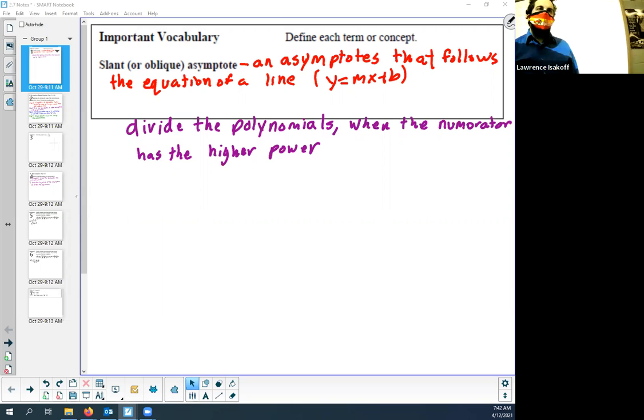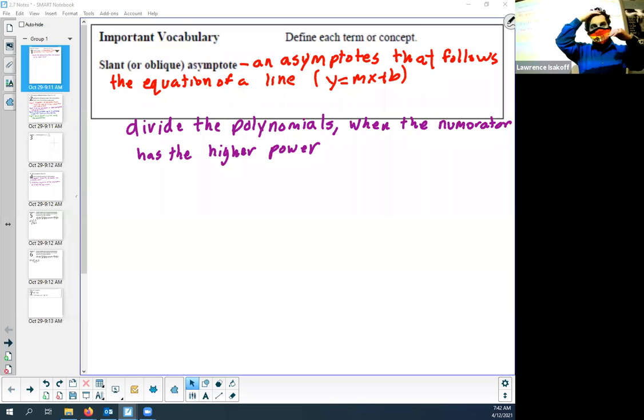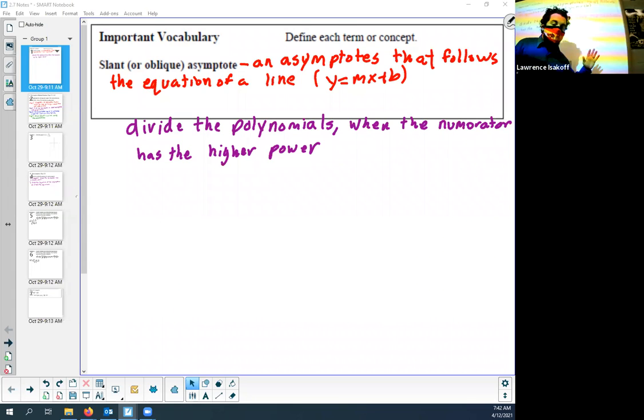When they have equal power, we get that horizontal asymptote, essentially just reducing it. If the denominator is a greater power, it's just y equals 0. Well, when the numerator has a higher power, it's actually going to be a line y equals mx plus b, and we'll just use polynomial division.